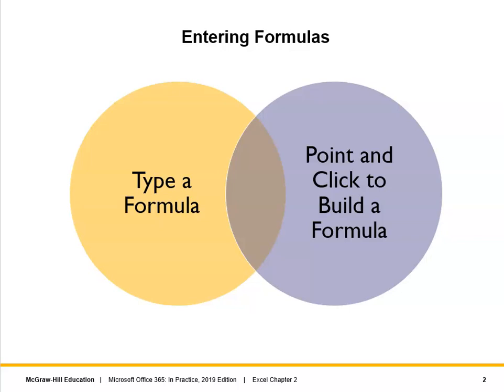There are two ways to enter a formula. The first way is to simply type it directly into a cell. Click into the cell where you wish the result to display, type the equal sign, type the first cell address, type the math operator, then type the next cell address, and continue on until you have completed your formula.